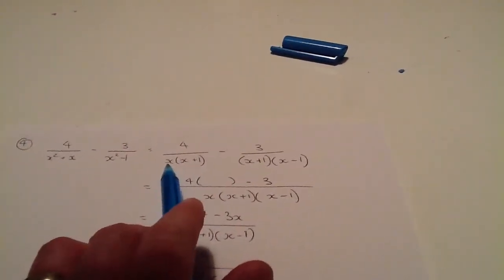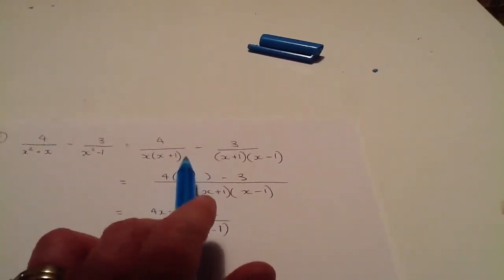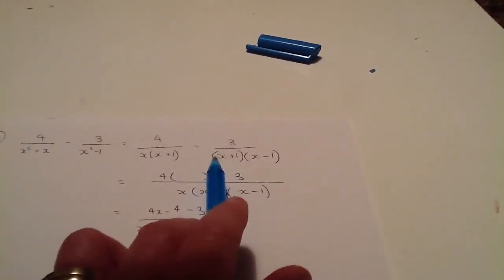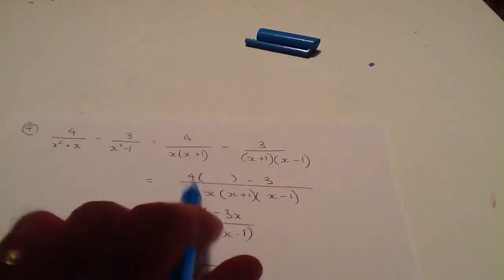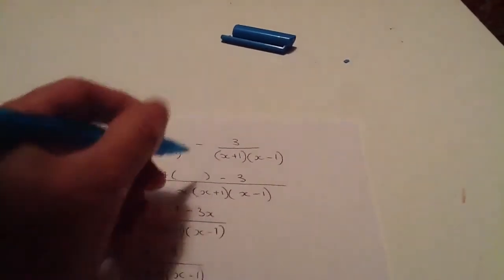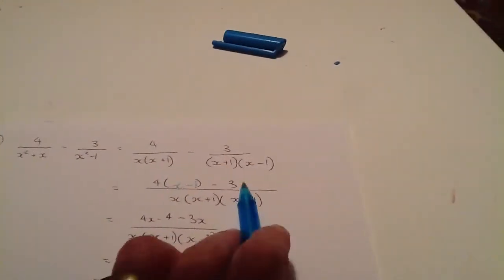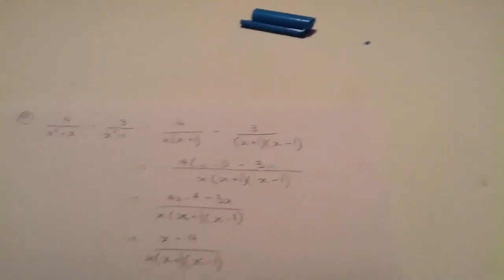So we've got x plus 1. The only thing we need here is the x minus 1. Here we've got x plus 1, x minus 1, so the only thing we need is x. So here, the first fraction, we need to multiply by x minus 1, and the only thing we're missing for this fraction is the x, so it's 3x.